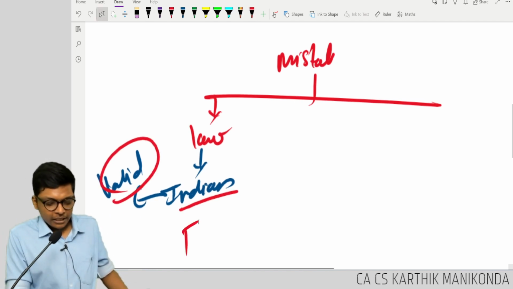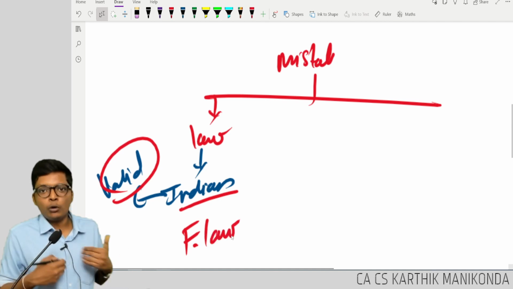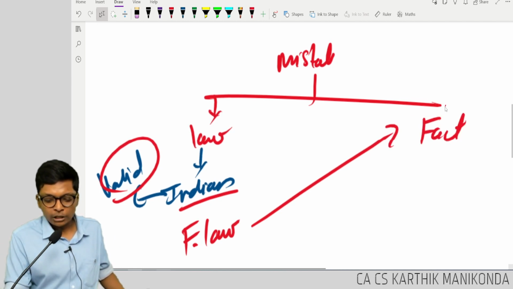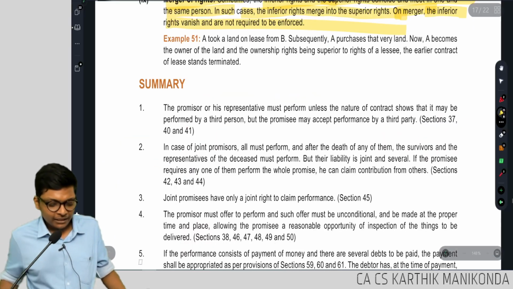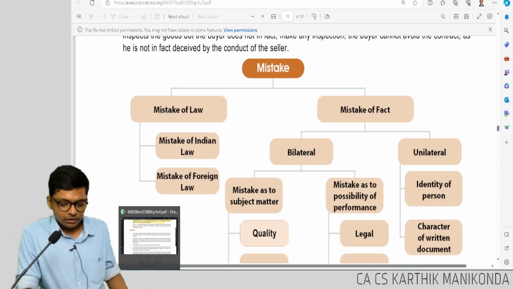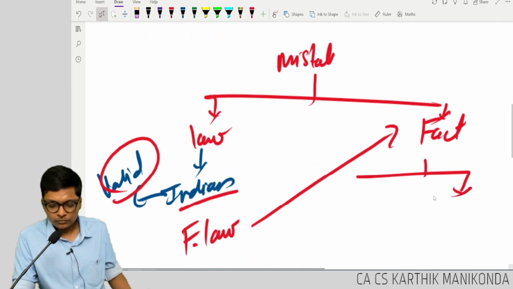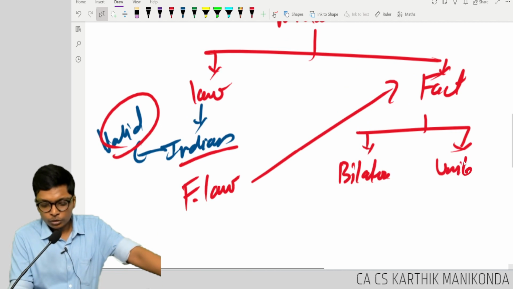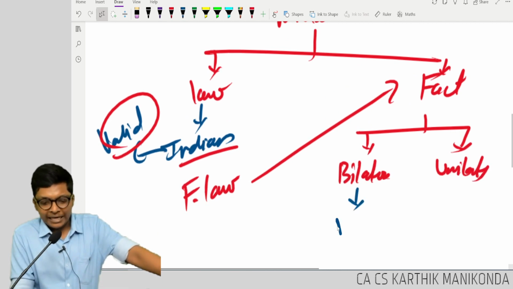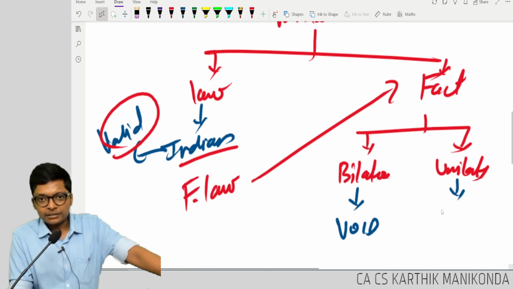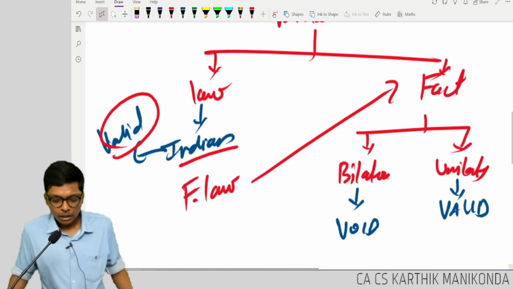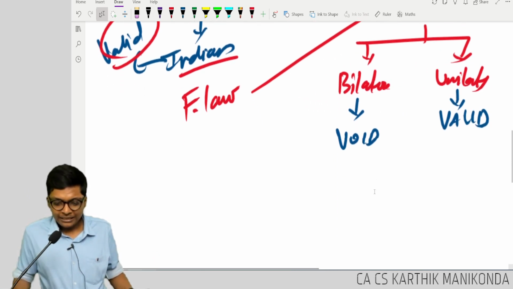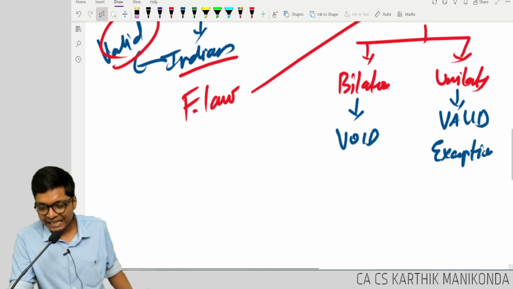It is valid. If it's mistake of foreign law, because you are in India, then foreign law is treated as mistake of fact. Within mistake of fact, we have bilateral and unilateral mistake. Bilateral makes the contract void. Unilateral makes the contract valid, but under this there are two exceptions.